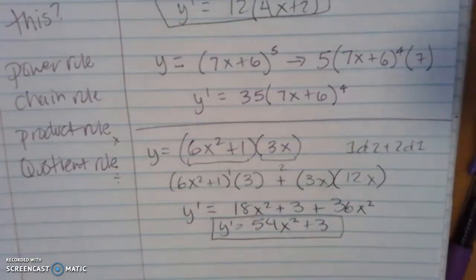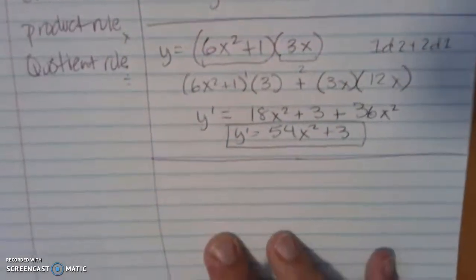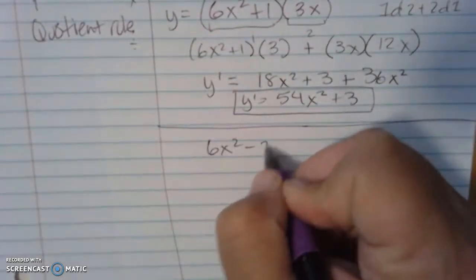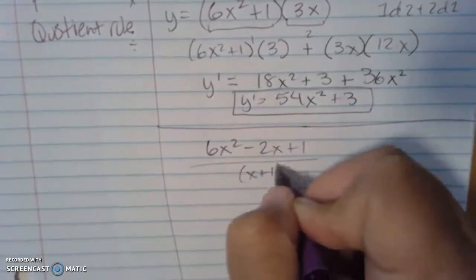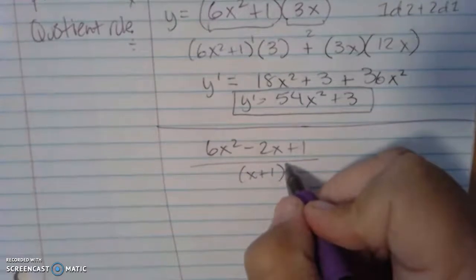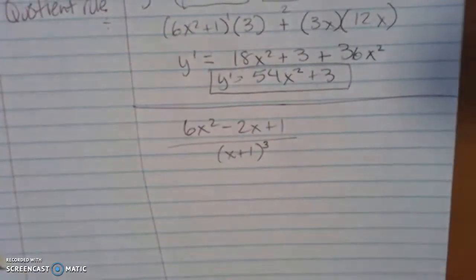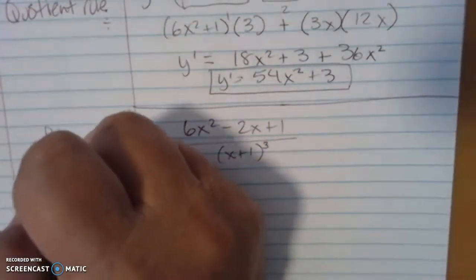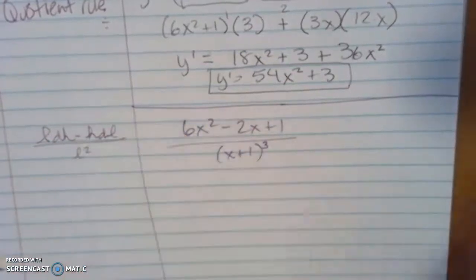And you can probably guess what I'm going to do next, because there's one type of thing I have not practiced. What if I have something like 6x squared minus 2x plus 1 all over x plus 1 to the 3rd? Just make it crazy. Quotient rule: low d high minus high d low, all over low squared, and away we go.